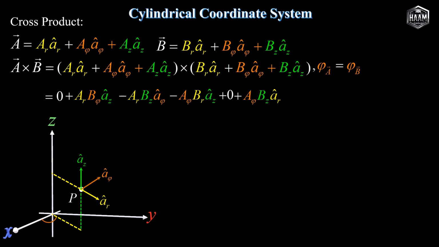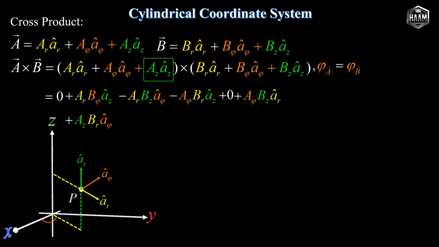The seventh term evaluates unit vector A hat sub z cross unit vector A hat sub r. By anti-commutativity, since unit vector A hat sub r cross unit vector A hat sub z equals negative unit vector A hat sub phi, this order yields positive unit vector A hat sub phi. This gives A sub Z B sub R unit vector A hat sub phi.